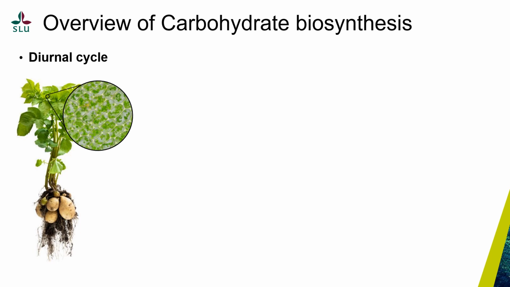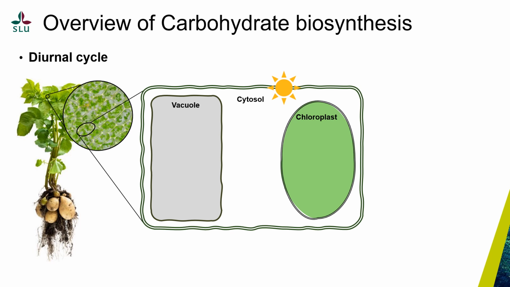If we look in more detail at what happens in the diurnal cycle. So this is a cartoon representing a plant cell in the leaves. You can see it has a chloroplast, and this is cytoplasm, and this is vacuole.